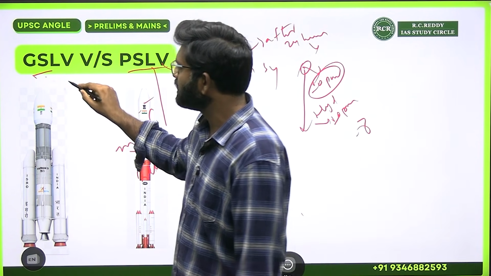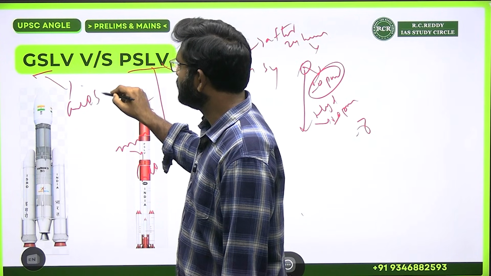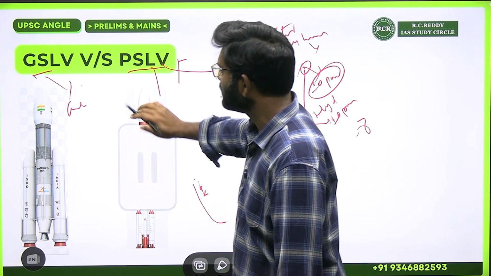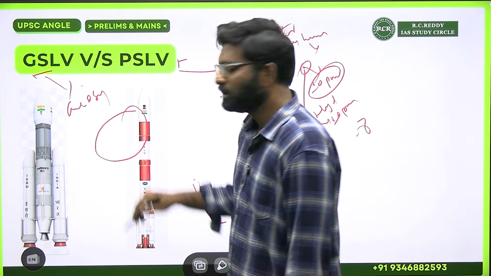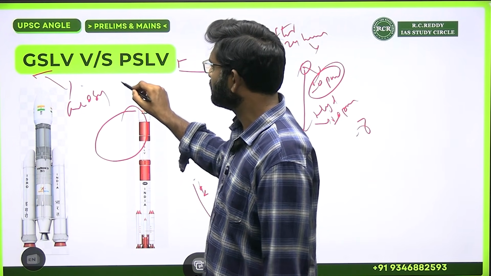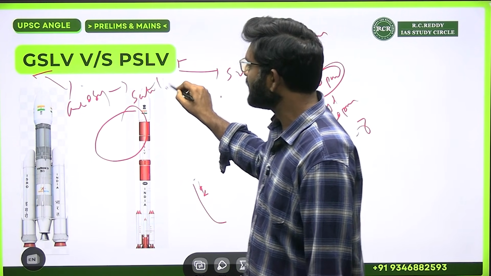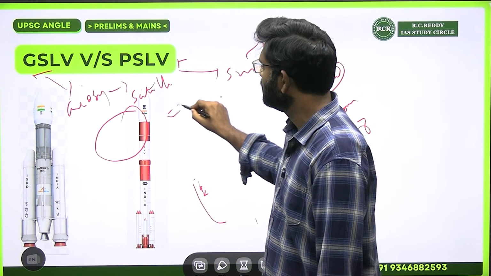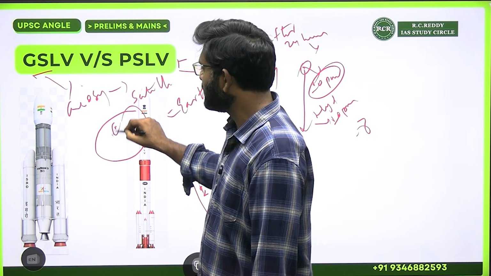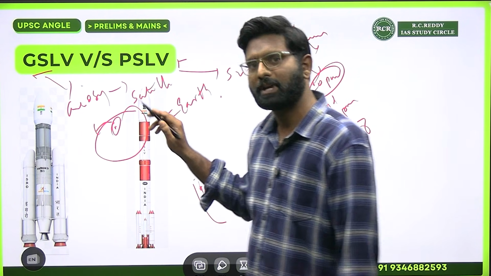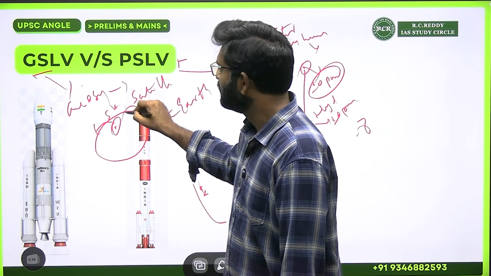Coming to geostationary or geosynchronous orbit, in geosynchronous orbit, the satellite's orbital velocity and Earth's rotation will be same here. So that is, the satellite will be present at the same place after 24 hours. The satellite will be present at the same place in the sky.